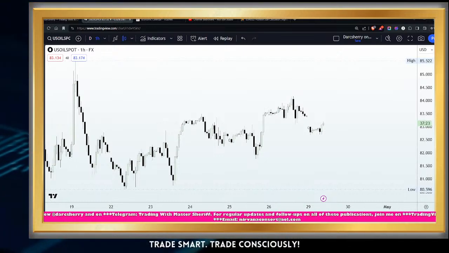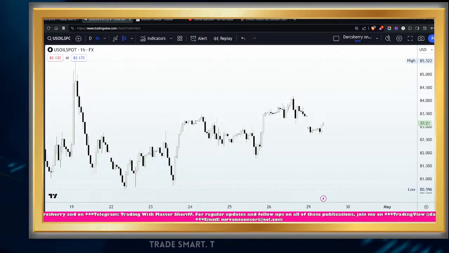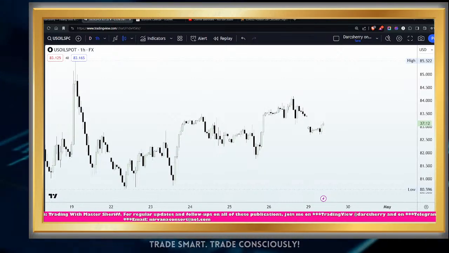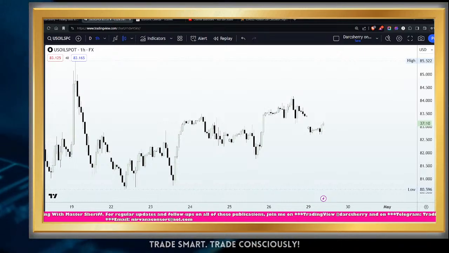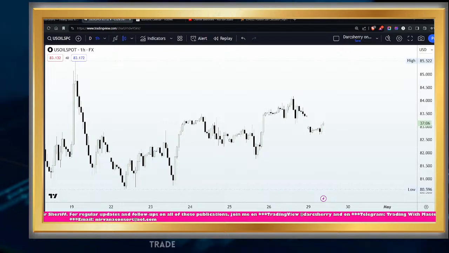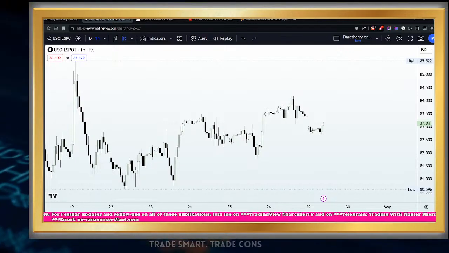When the demand for the US dollar increases, the value of the US dollar will rise, which will make the US oil commodity expensive for other currency pairs to buy. And if this happens, it will definitely affect the demand for oil.